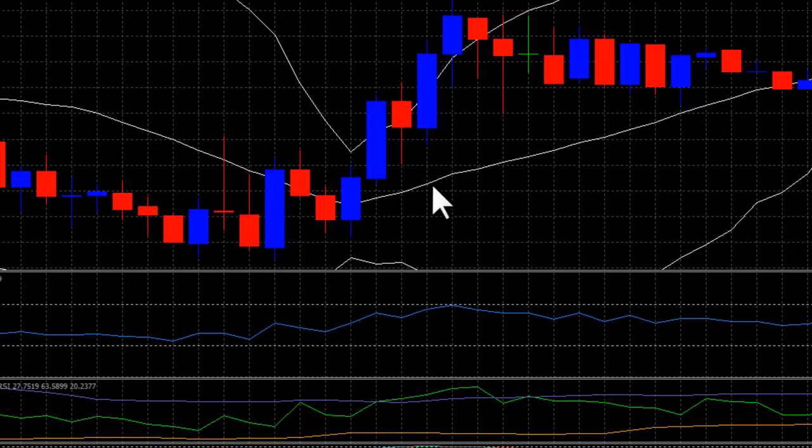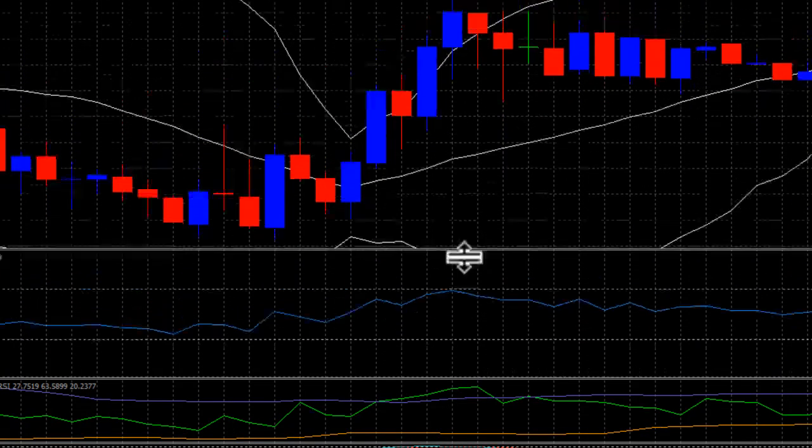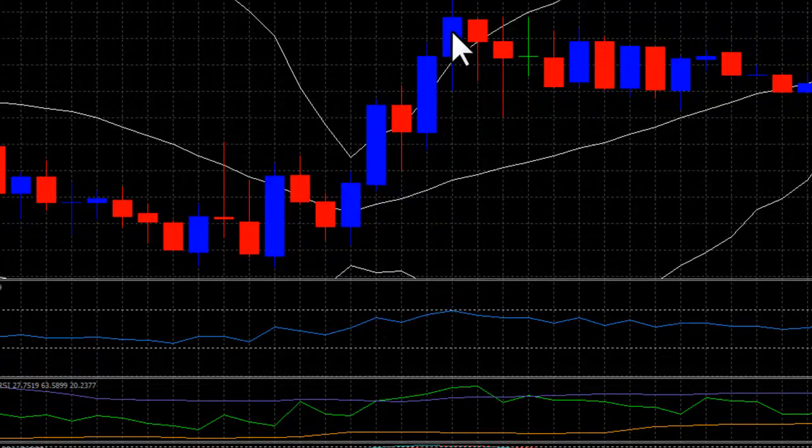We take a look at this next one. It is not over either, although it is over in the dynamic zone. It is not a signal candle. Then we take a look at the next one and we can see that it's only just slightly touching it. So that isn't a signal candle either. It's not strong enough to meet the criteria of these indicators.